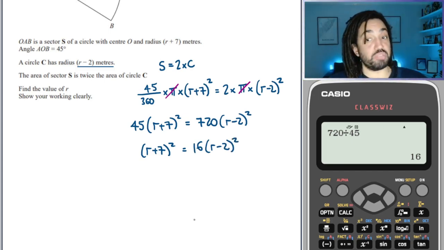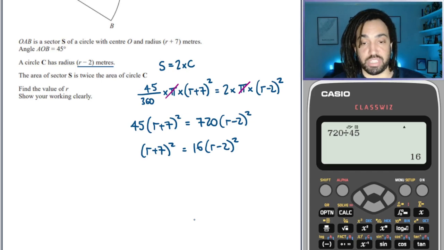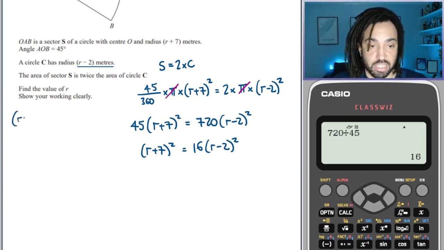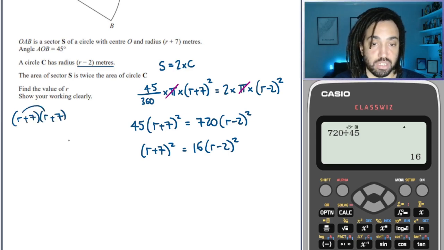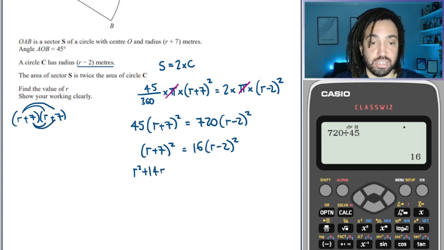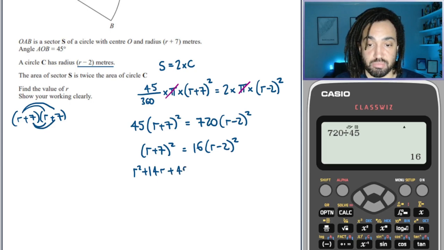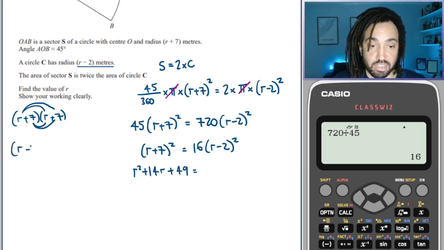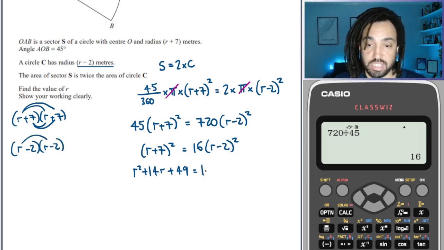Okay, so I can't do any more simplifying now, so now's the time for me to expand. So this double bracket, r plus 7 times r plus 7 will give us r squared. It will give us 7r and another 7r, so 14r, and then finally it will give us 49. And this double bracket, r minus 2, r minus 2, will give us r squared.